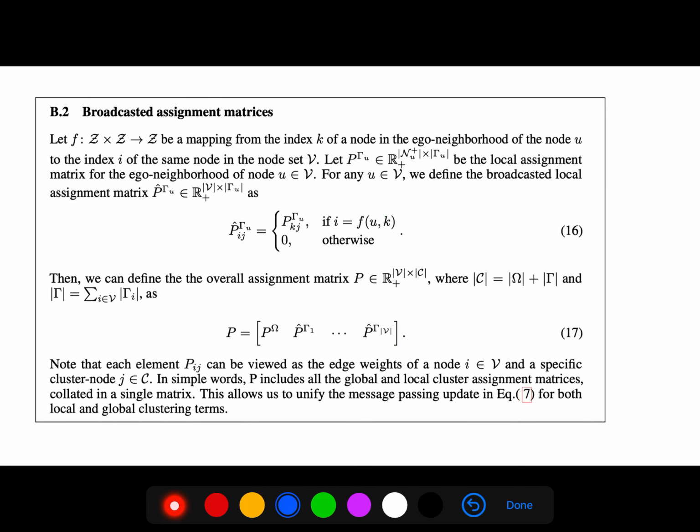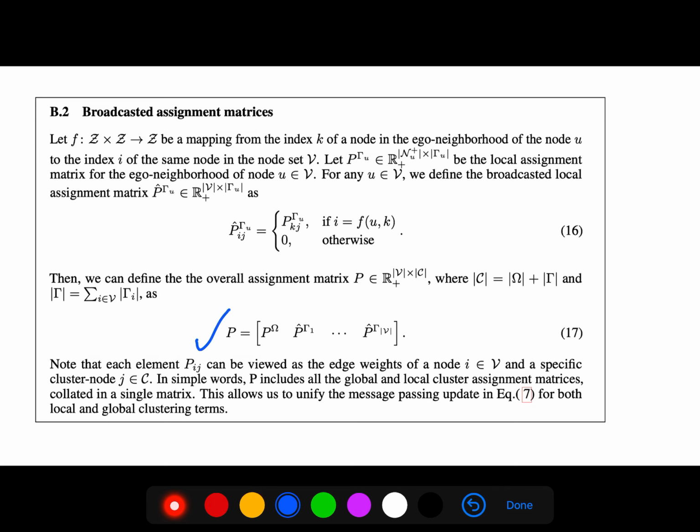And this is the appendix for broadcasted assignment matrices. That is just a mapping from index K of a node in the ego neighborhood of node U to index I. So we can define the overall assignment matrix like this, and we can say P includes all the global and local cluster assignment matrices.